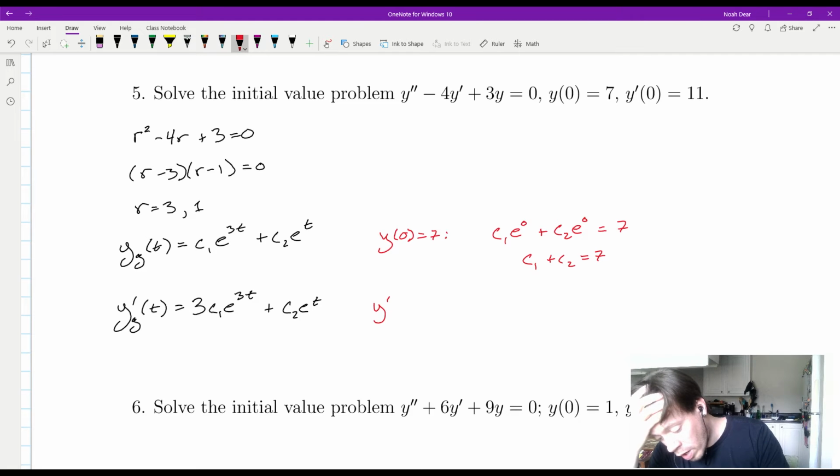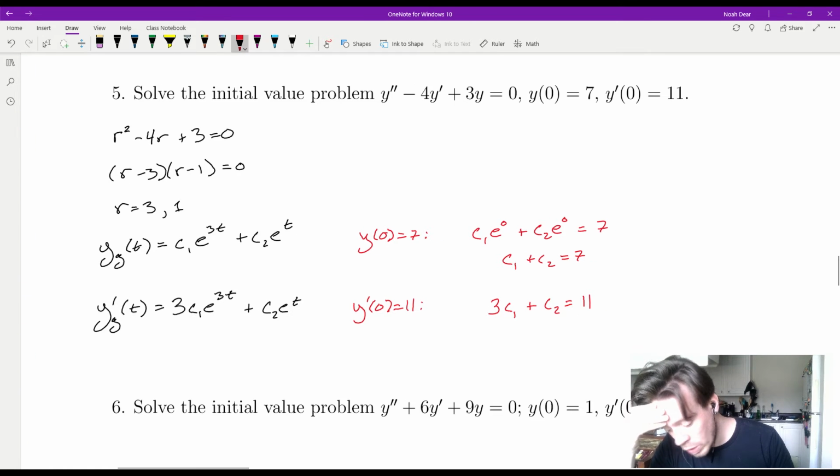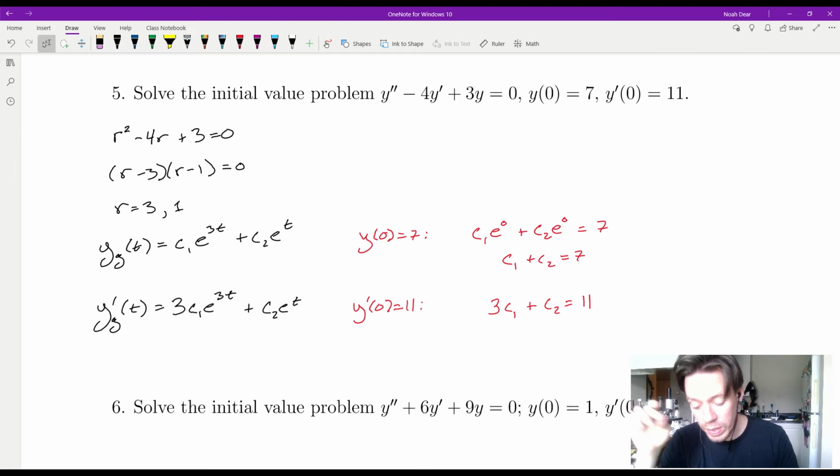For y prime of 0 equals 11, we plug that into the derivative. y prime equals 3c1 e to the 3t plus c2 e to the t, and we'll get 3c1 plus c2 equals 11, where I plugged in 0 for t in the exponentials and they've just canceled out to 1s.